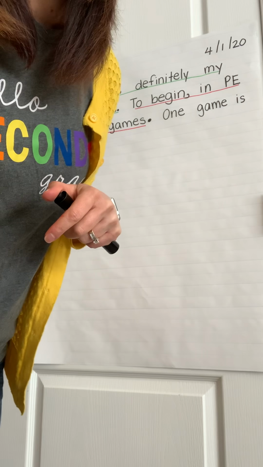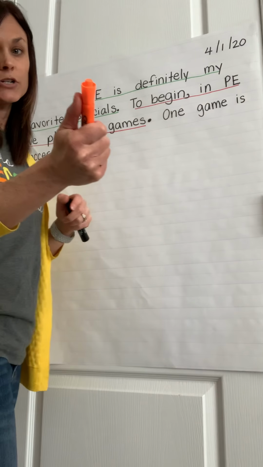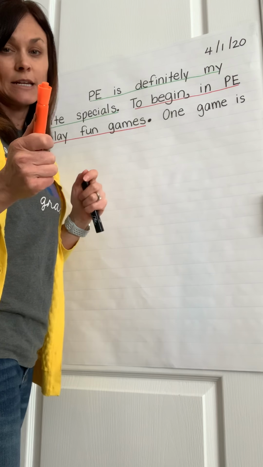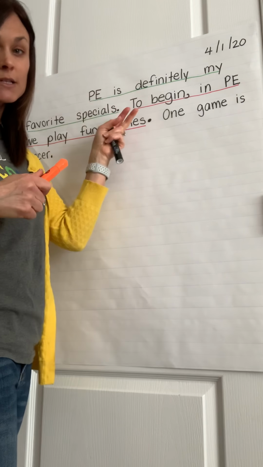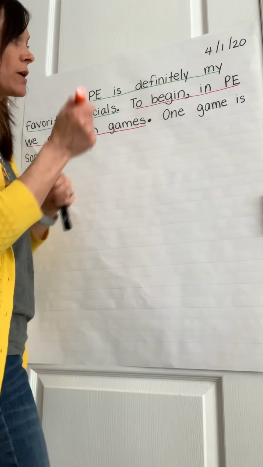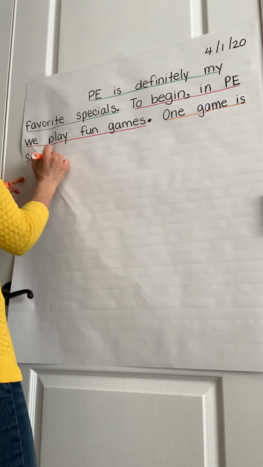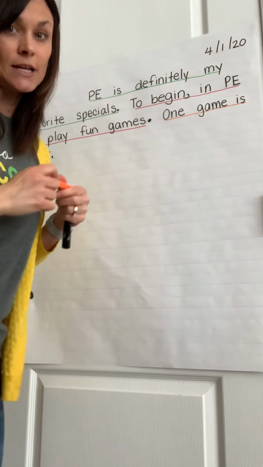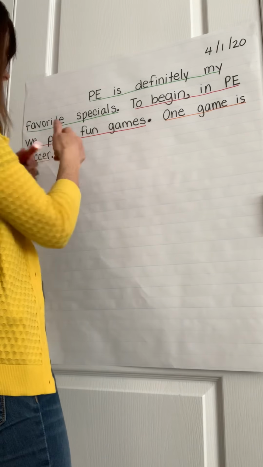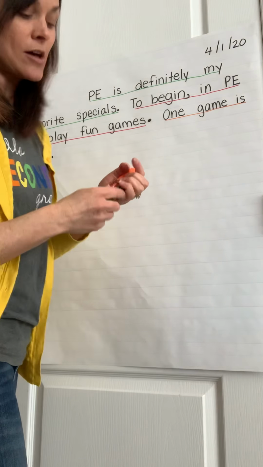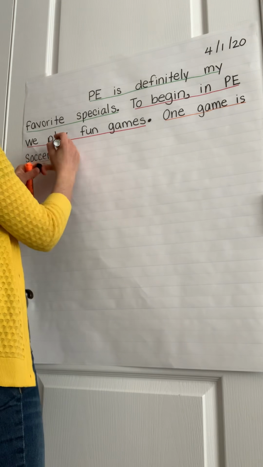I did not have a yellow marker, so I grabbed an orange. I'd like you to make sure you're underlining in yellow to make sure we're just staying consistent with what colors match each part of the essay. So this should be underlined in yellow, and this indicates that's a detail sentence. One game is soccer. My next detail, I put bowling.